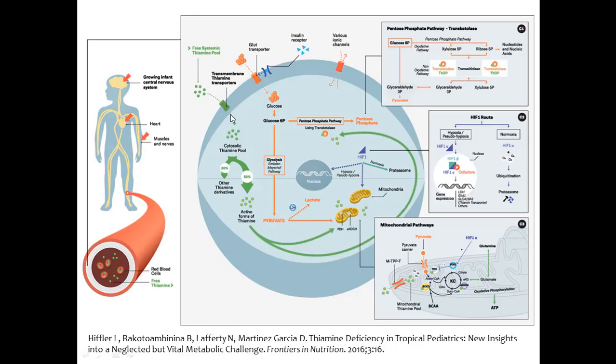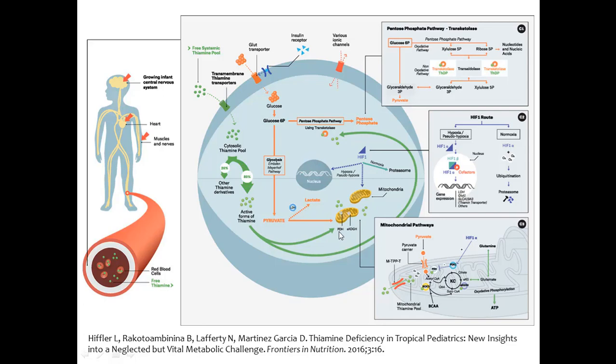So, another complicated image here, but to break it down, here we have thiamine entering the cell. This blue circle here is a representation of a cell, and of course glucose is very important here as well. They both enter the cell, and then 80% of thiamine is converted into active thiamine pyrophosphate.